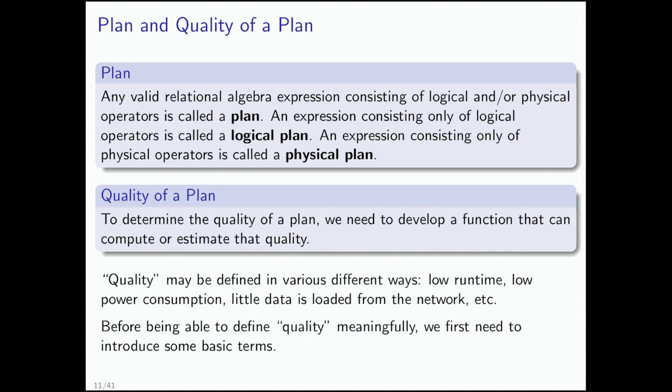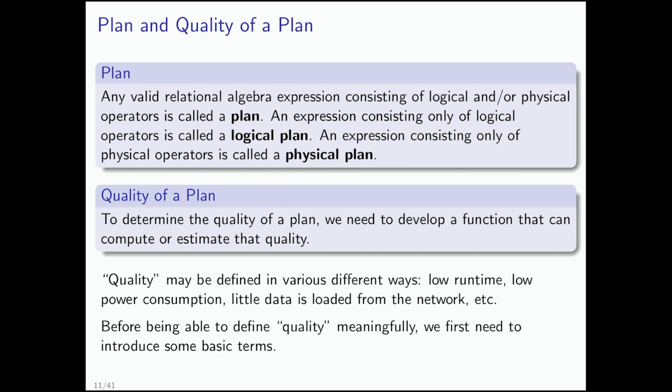Any relational algebra expression you saw so far, we consider a plan. Be it that the operators are logical or physical, I don't care, it's called a plan. If such an expression consists only of logical operators, I will be calling it a logical plan. If it consists only of physical operators, I will be calling it a physical plan. But there can also be hybrid plans where some of the operators are logical and others are physical.